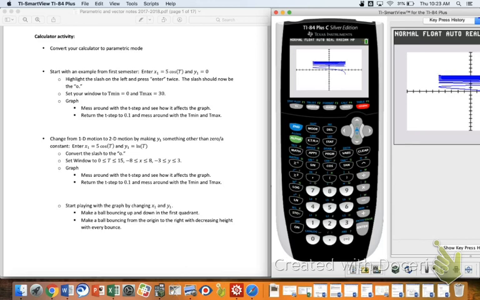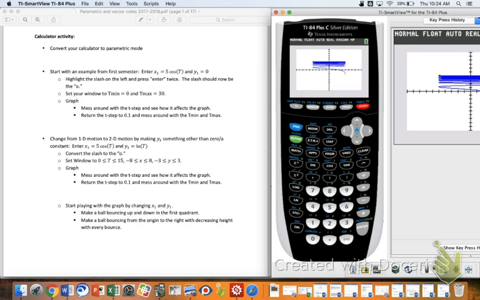In other words, for every input of t, there's only one y value. For every input of t, there's only one x output, if you will. And so x is a function of t, and y is a function of t, but y is not necessarily always going to be a function of x. That's why you can still call these functions, even though the y and x graph doesn't pass the vertical line test.